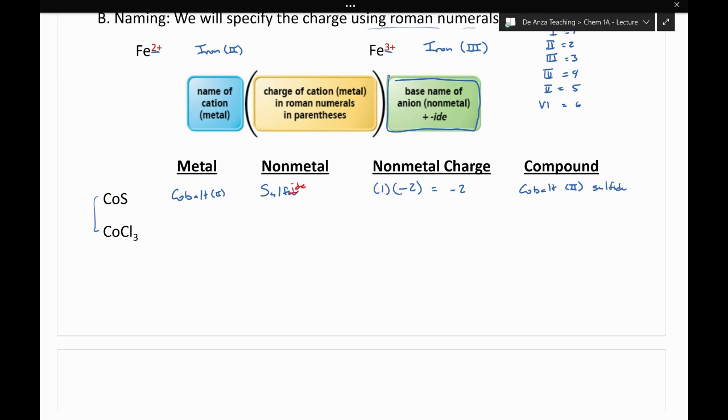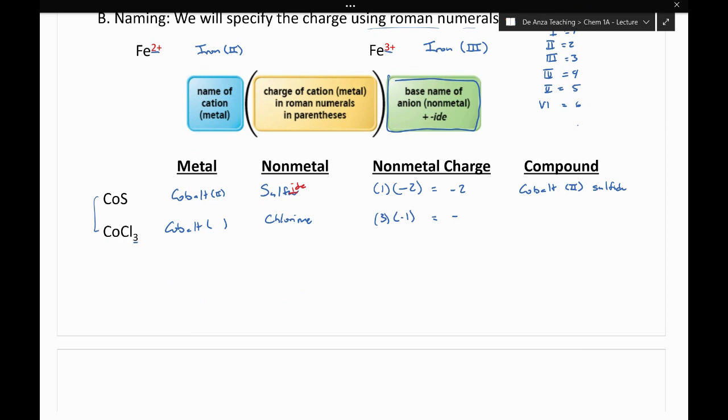We go down to the next one. This is also cobalt, and we're going to do the same thing as before. We're going to use the charge on our anion to figure out what the charge on our cation is. We know that our nonmetal here, Cl, is chlorine. We know that the charge on chlorine is -1 because it's in that halogen row. And here we notice we have 3 of them, so we have 3 times -1.